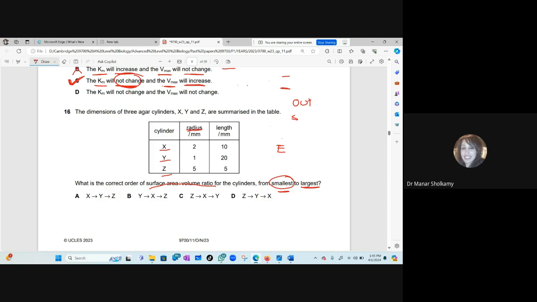Which one has the biggest radius? Z. So Z will have the smallest surface area or the largest surface area? Smallest surface area. Yes. And then what will follow Z? X. And then Y. This is one very easy way to know the smallest to the largest surface area.